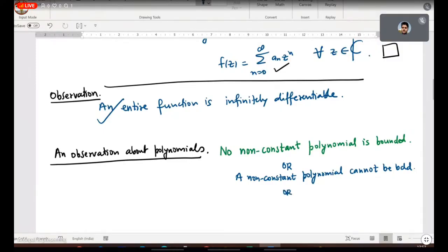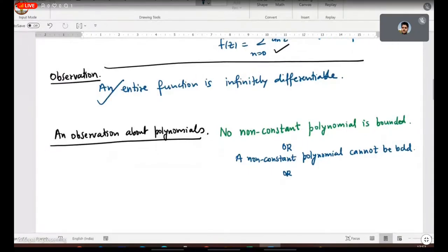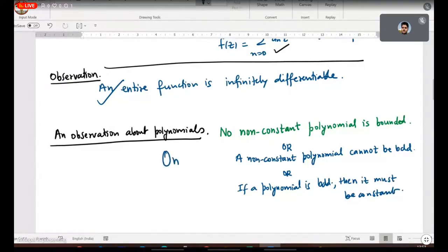Or you can say it this way also: if a polynomial is bounded, then it must be constant. Class, I would like to say one thing. I am making all this discussion on C, this is very important.